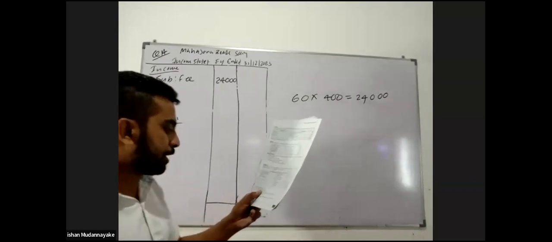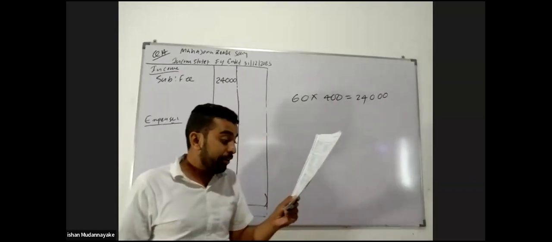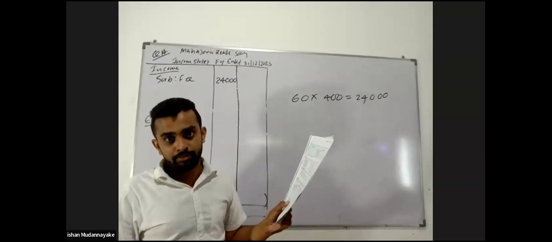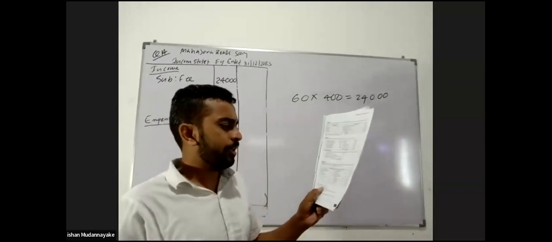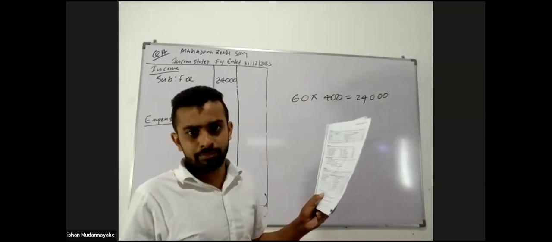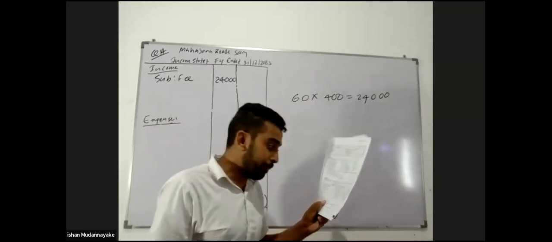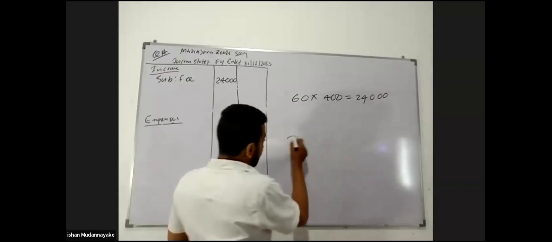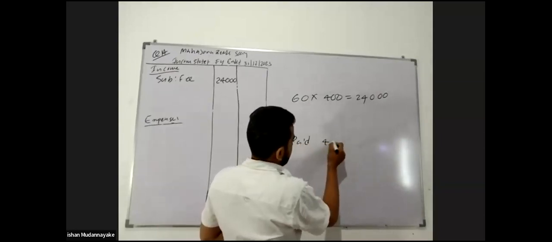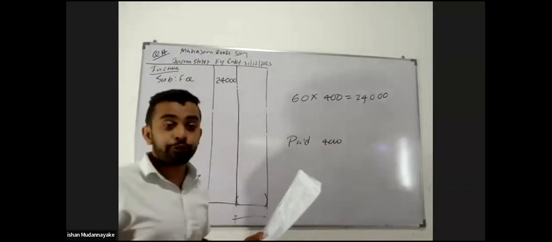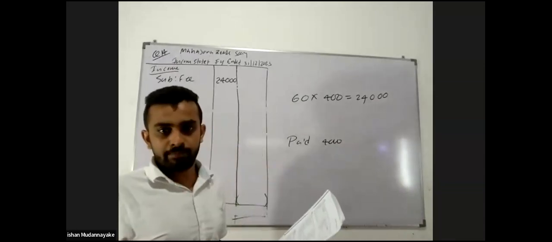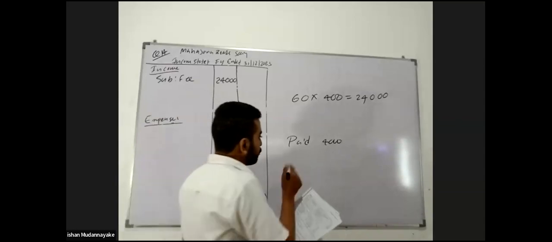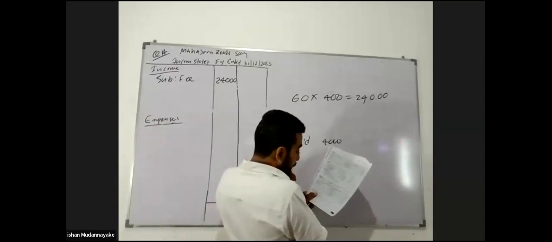Look at the additional information. Building rent payable 1,200. Students, building rent paid how much? Building rent paid 4,000. And another 1,200 payable. Payable means relevant for the period, an unpaid amount. Paid amount 4,000, another 1,200 payable.